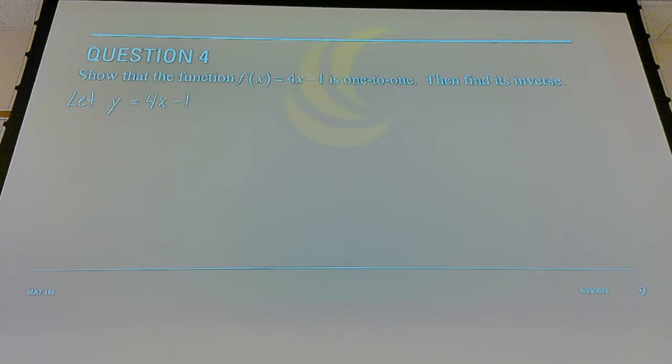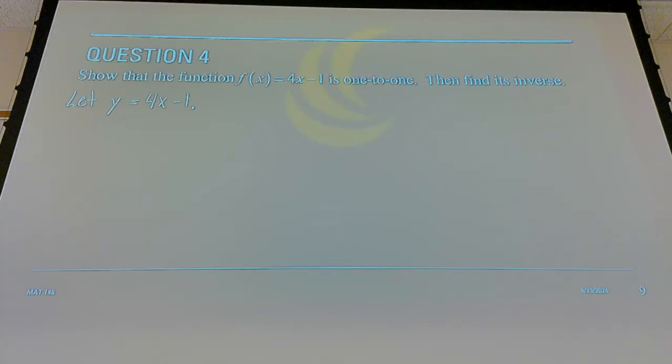We let y be the real number 4x minus 1. We know that there can only be one such y because we just proved it was 1 to 1. So this y is unique. The idea is we want to find what that input is. What is x?